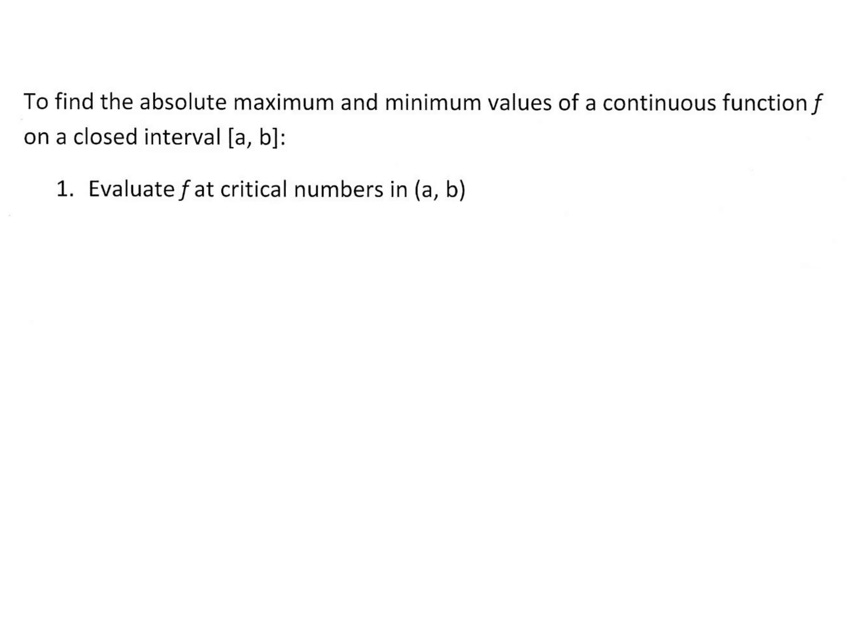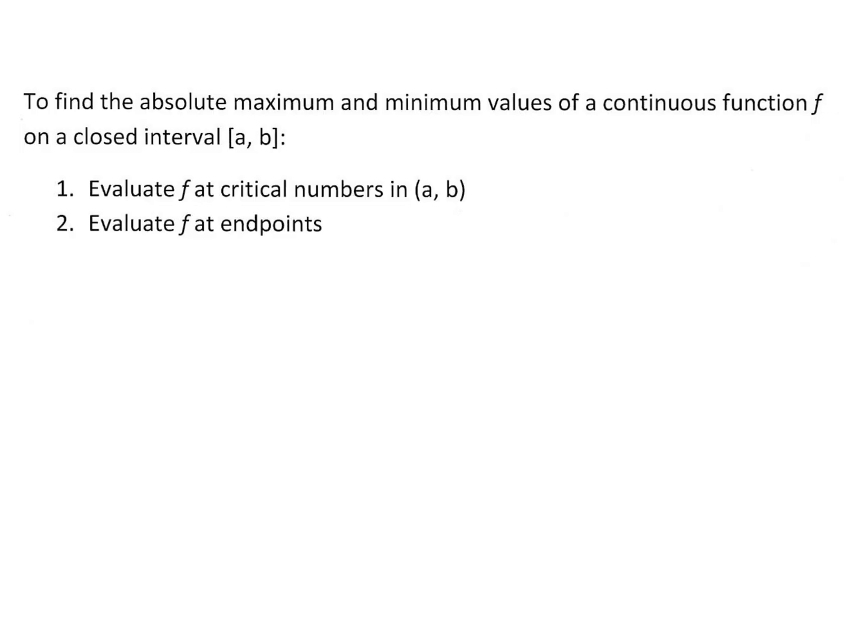Because a maximum and a minimum value will occur at the critical numbers or the endpoints. Then the second thing you're going to do is evaluate f at the endpoints. This is giving us the value of the function at those points.